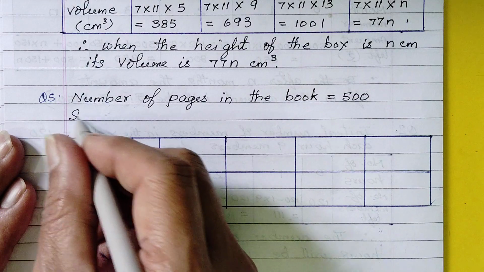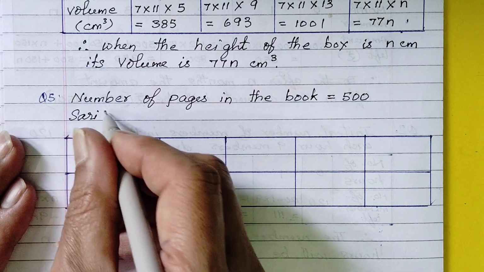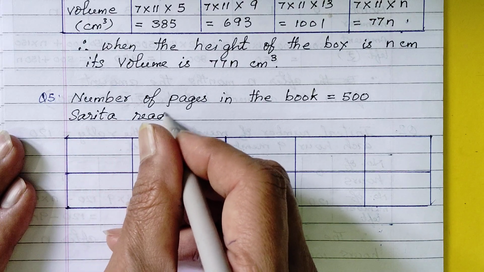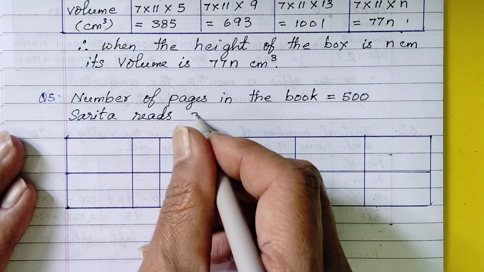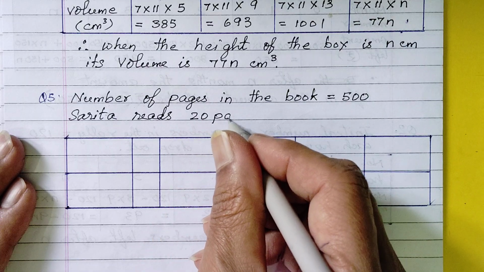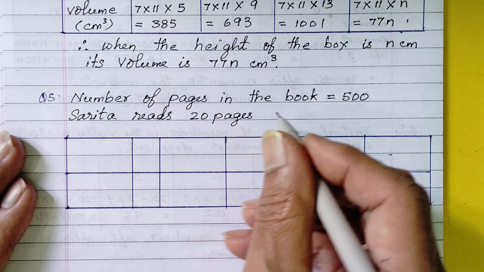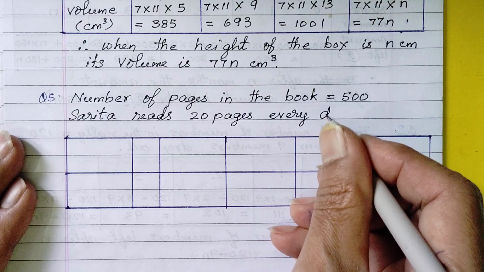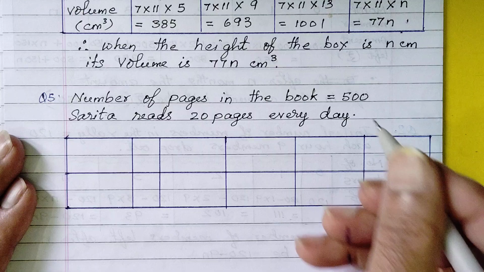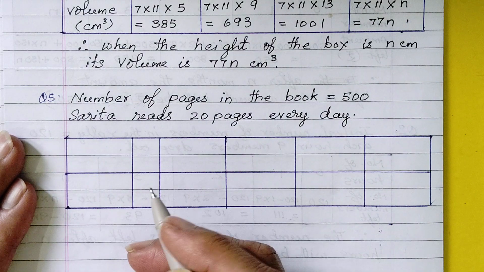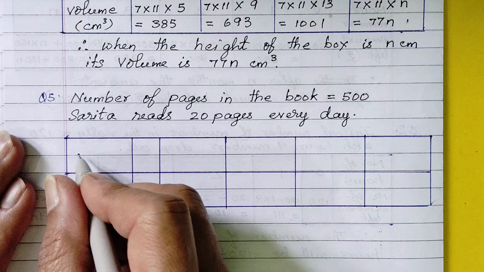Sarita reads 20 pages every day. Now in the first row we will write the number of days.